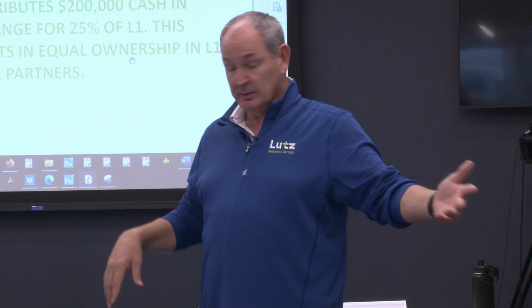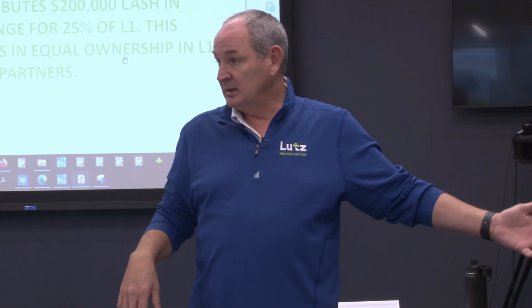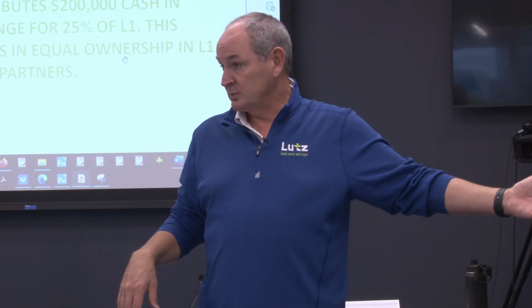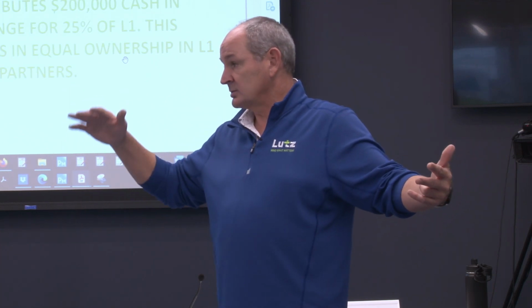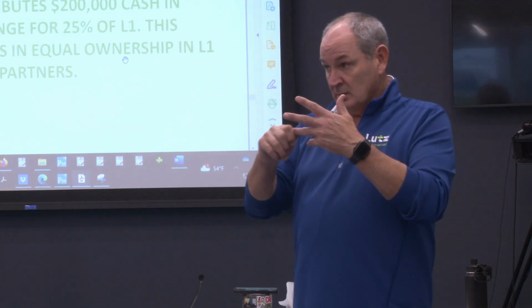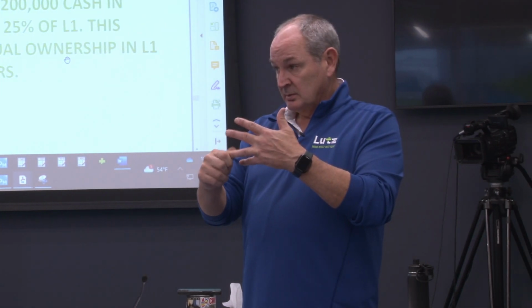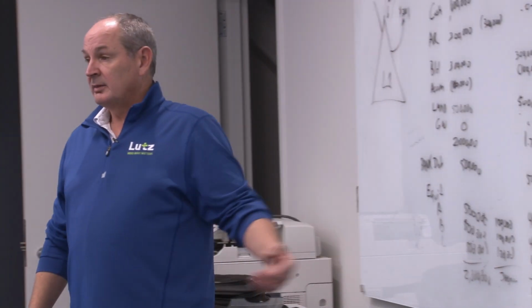It could be that it was A, B, C, D, and C was 1/3, and there was some other variation in the others. But Connor used the 1/3 interest that was there to say 1 million is going out for 1/3. Therefore, the overall equity section is worth $3 million. And then you take that and divide it among the proportionate ownership interests. I just happen to be a third, and a third.